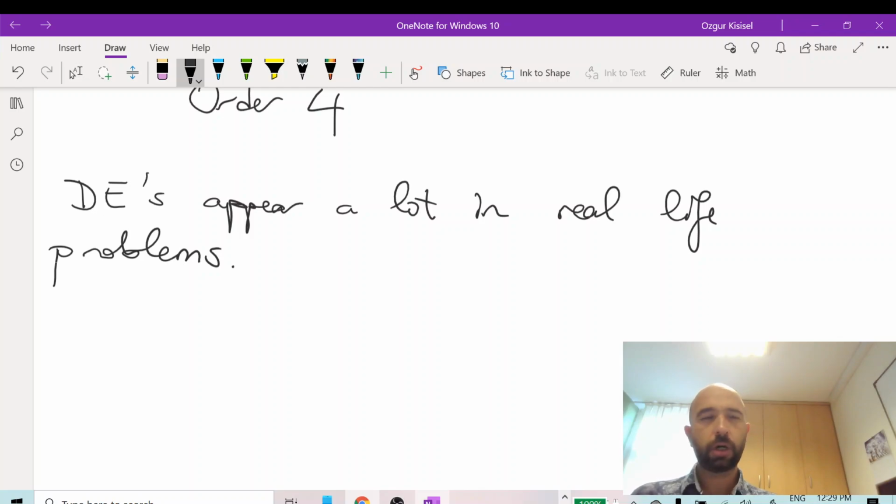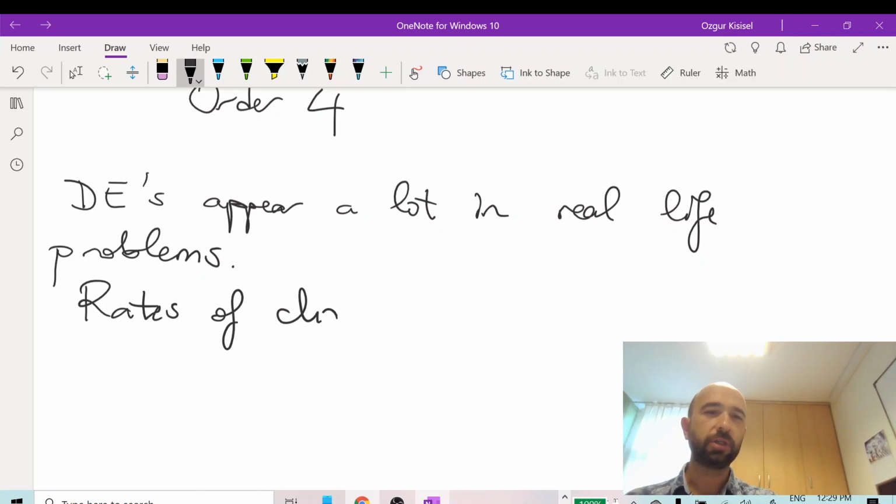Now, why do they appear? That's kind of a philosophical question. I don't know, but maybe one answer is rates of change. The rate of change is some derivative. Rates of change are sometimes easier to formulate in real-life problems.